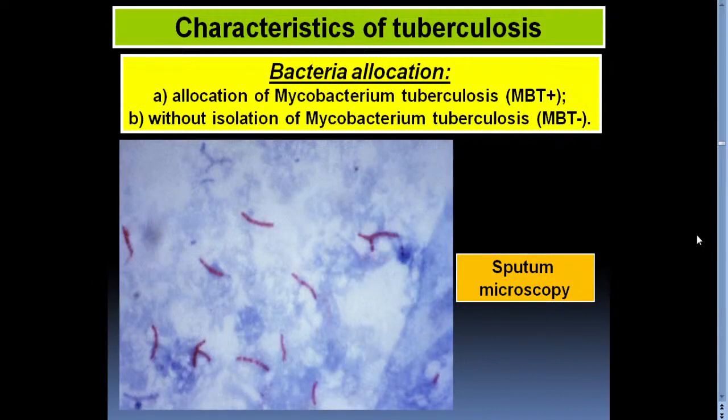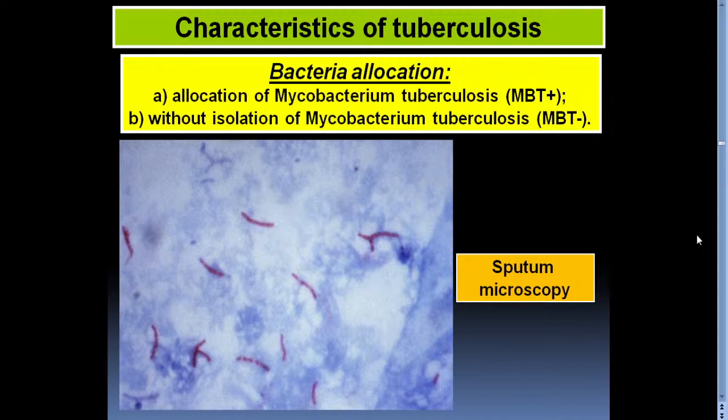Next characteristic of tuberculosis: bacteria location. If we find bacteria of tuberculosis in sputum or in other fluids of the organism, it means this person is a bacteria excretor, MTB positive. If there is no isolation of Mycobacterium tuberculosis in sputum analysis, the patient is MTB negative.